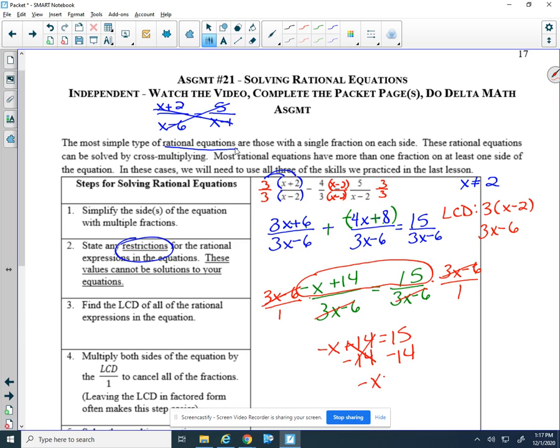I get negative x equals 1. If I divide by negative 1, that gives me x equals negative 1. The only answer that I would have had to cross out was that 2, so we can keep negative 1 as our answer.